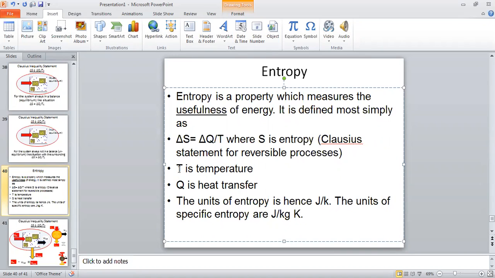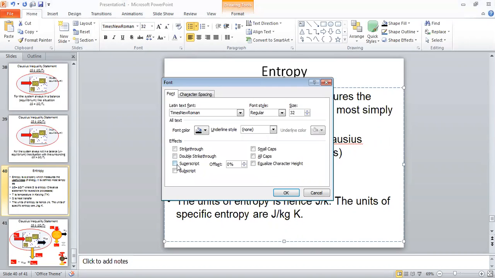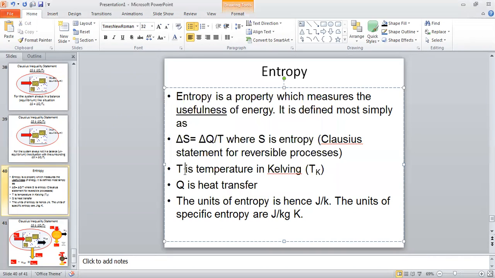T is temperature in Kelvin, so we can even write it as T_K, where K stands for Kelvin.